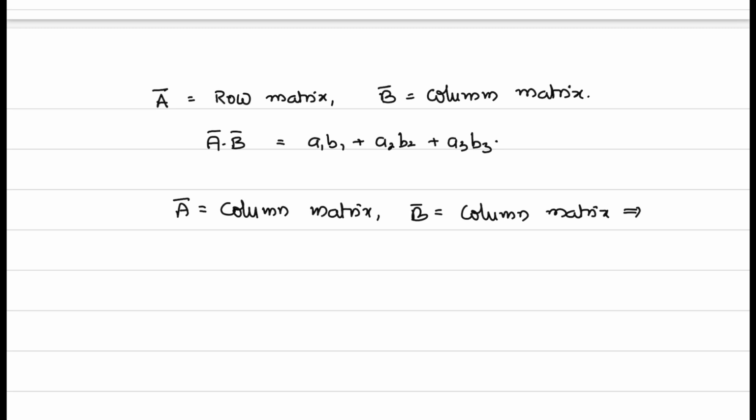Then we have to transpose this one. A transpose dot B should be equal to A dot B. These are all concepts, because until and unless you make the transpose, you cannot multiply two vectors, two matrices.